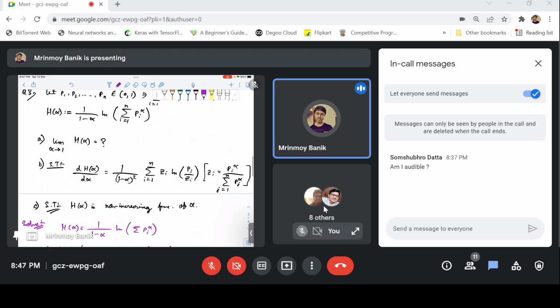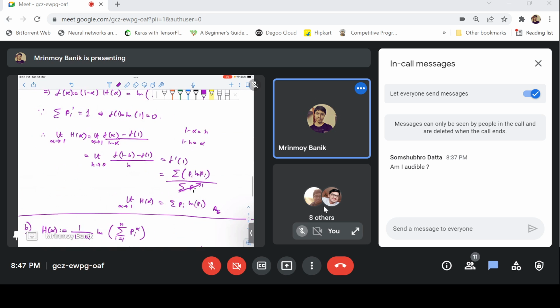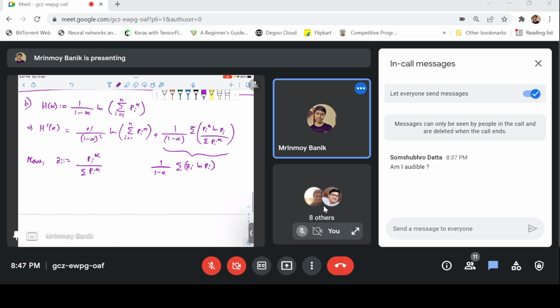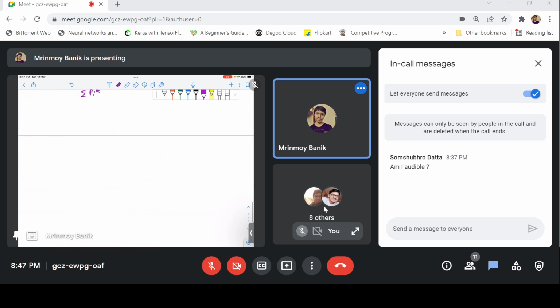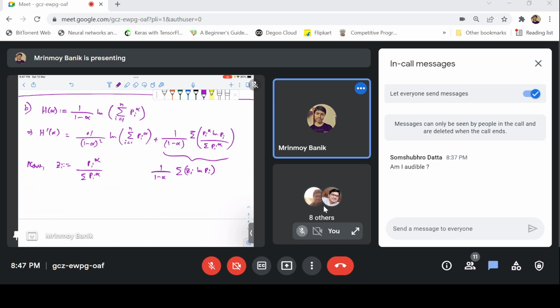What else to show? This is zi. So let me take 1 by 1 minus alpha squared common. So log of some summation plus 1 minus alpha times sum over zi ln pi.